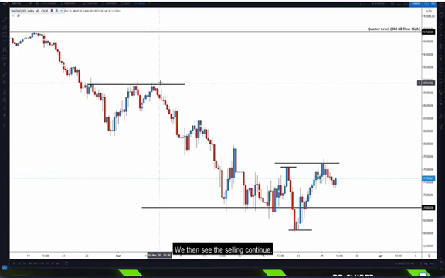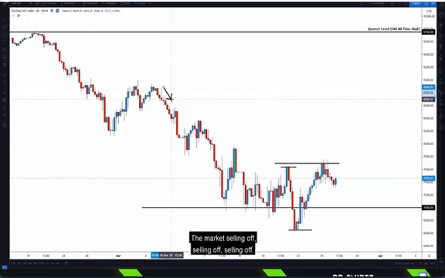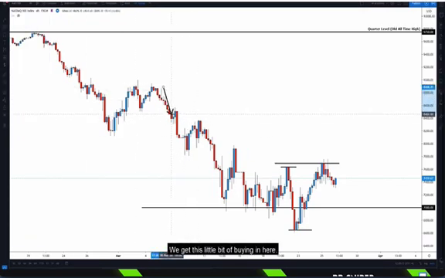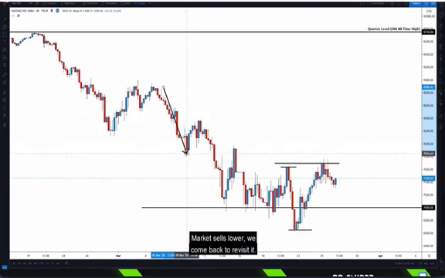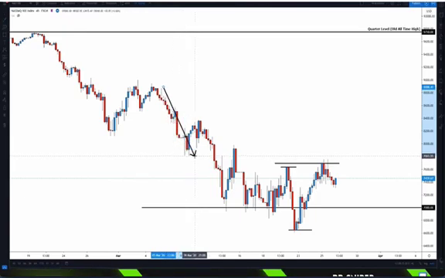We then see the selling continue. The market selling off, selling off, selling off. We get this little bit of buying in here. Market sells lower. We come back to revisit it. We do not get a market structure break. We trade lower through the 7,800 level.